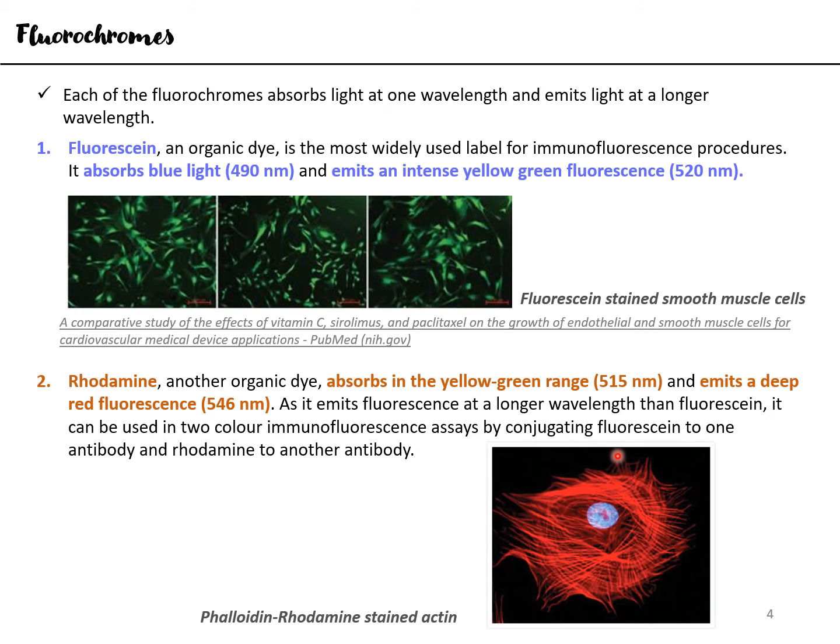So this is an image of phalloidin conjugated rhodamine stained actin. So you can see the actin fibers which are present typically under the surface of the cell, under the surface of the cell membrane to be more precise. It's stained with rhodamine. So it emits a very, very bright red fluorescence.